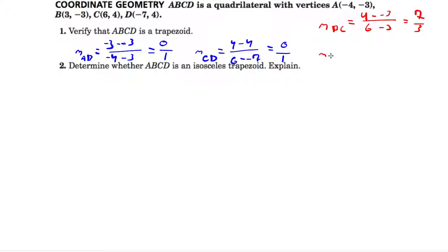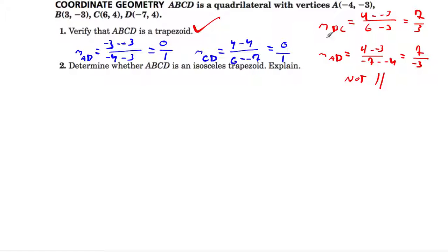And the slope of AD would be equal to 4 minus -3 over -7 minus -4. This would be equal to 7 over -3. That's cool. But these are not the same, so these are not parallel. So it is a trapezoid because we have exactly one pair of parallel sides.